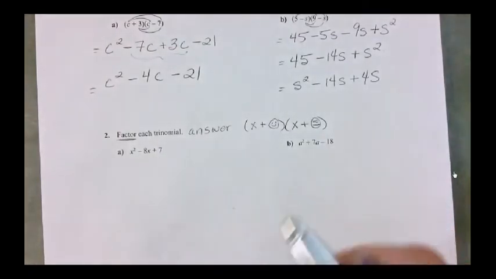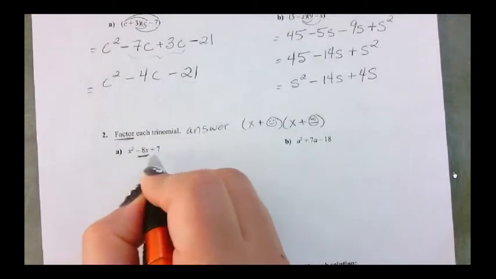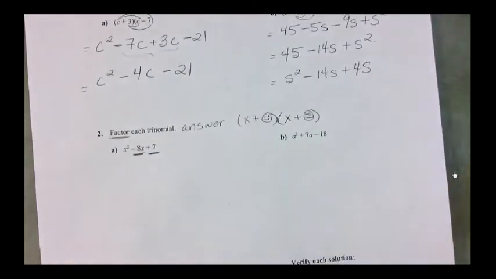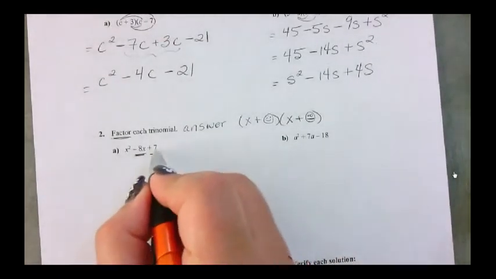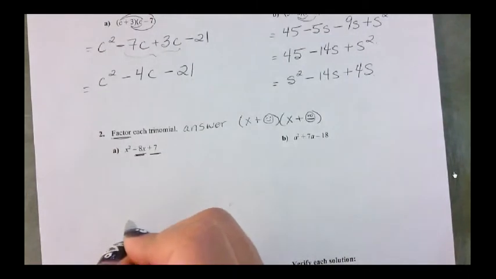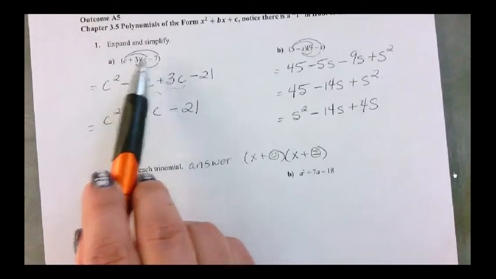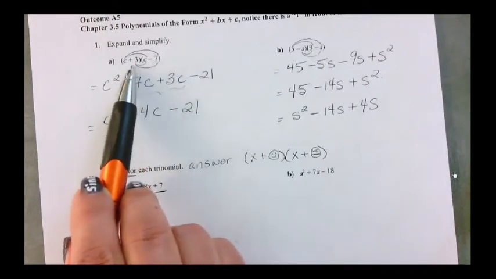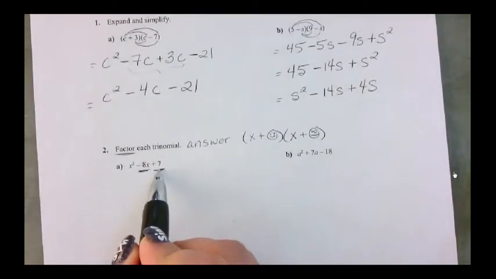So I need to look at the -8, and I need to look at the 7, and I need to come up with a pattern. So how do I get this last number? What was done with the numbers in the bracket? What was done, if I look back here, with the numbers in the bracket? They were multiplied. So how do I undo a multiply?